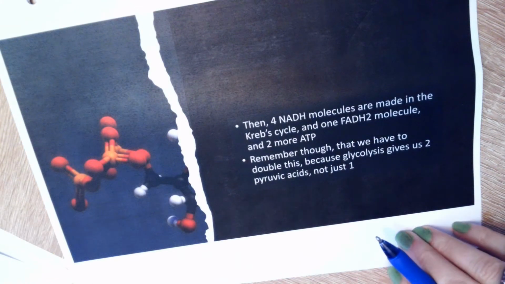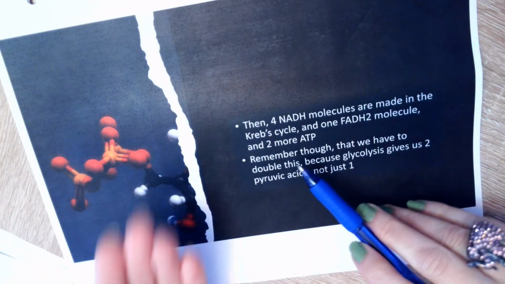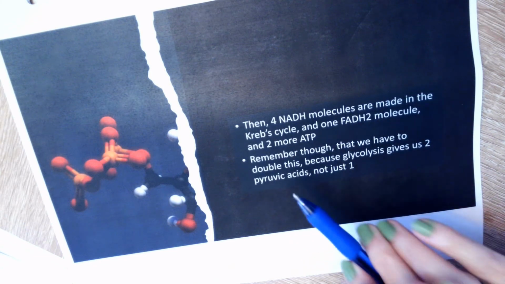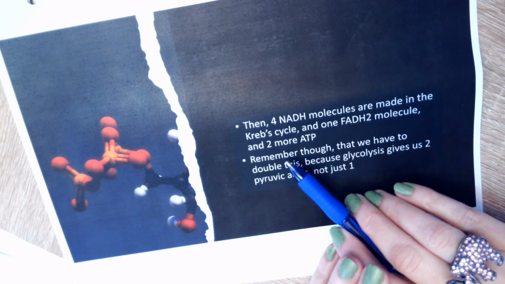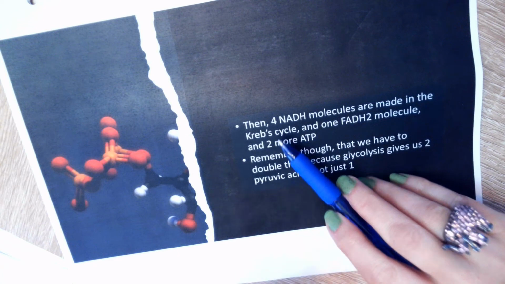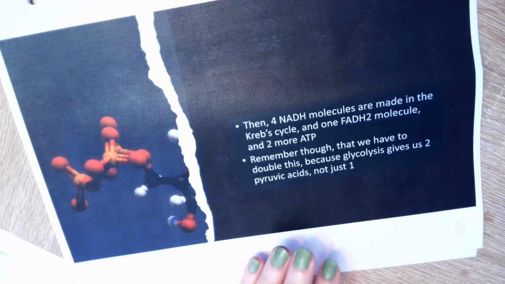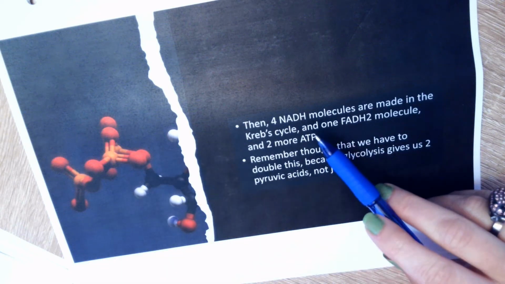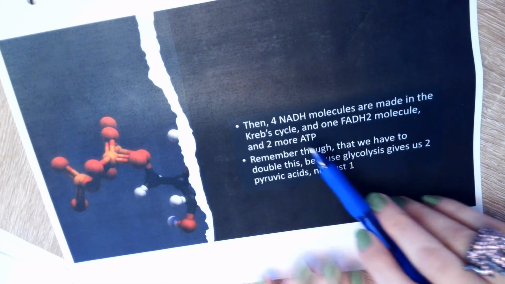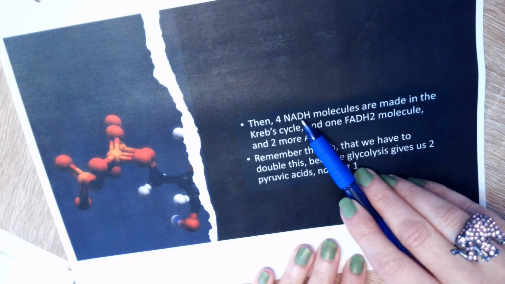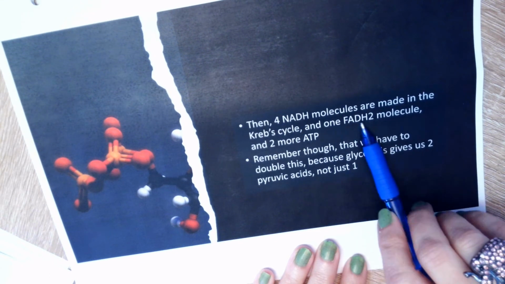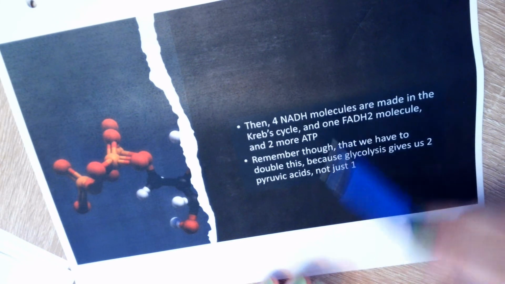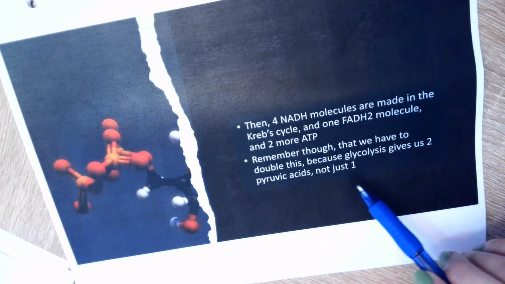Okay, now assuming we have oxygen present, we can take the pyruvic acids, or the pyruvates that we made during glycolysis, and we can convert them into acetyl-CoA, which can enter into the Krebs cycle. We will make 4 NADH molecules, 1 FADH2 molecule, and 2 more ATP for every time that Krebs cycle turns.